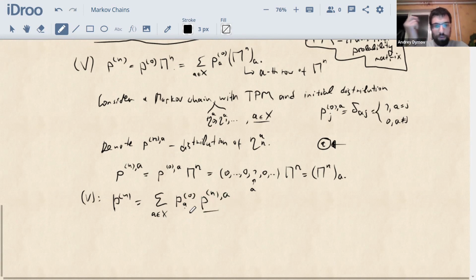So actually, what is this? This is like a decomposition over a basis.